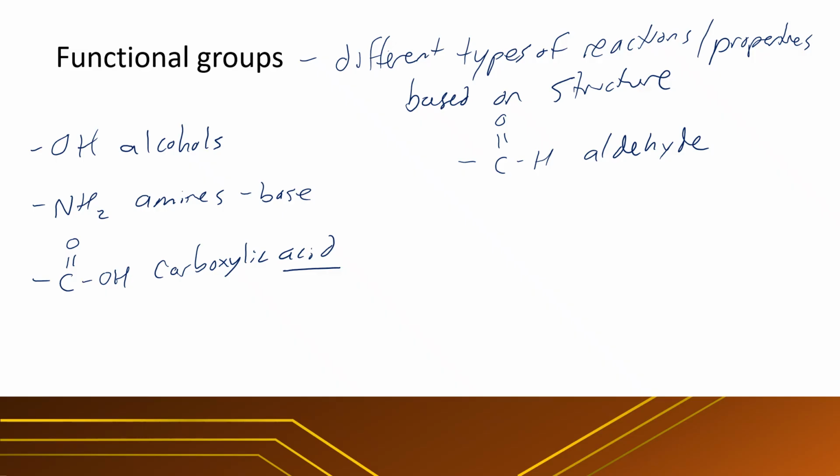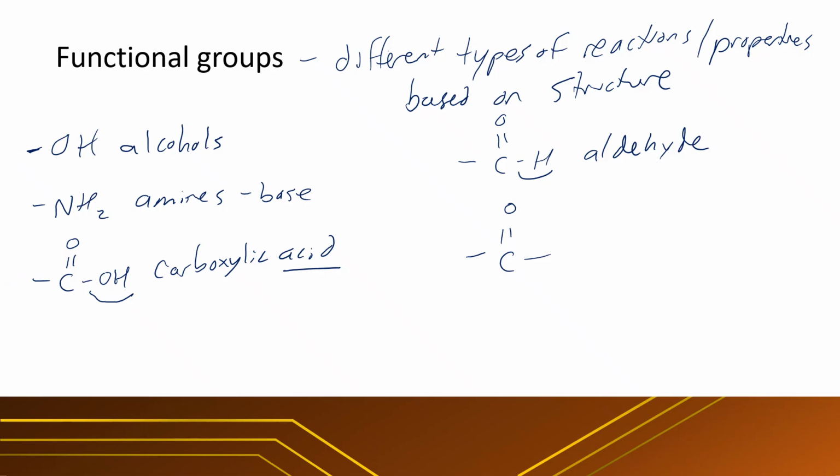And notice the difference here. We've got the C double bond O, but this one's attached to an OH, and this one's attached to an H. And then if you have in your compound the carbon with a double bond O, but it's somewhere in the middle of a compound. Now notice I'm putting these like open-ended lines. That means it's attached to some amount of carbons. We don't know, whatever it's attached to, some organic compound.